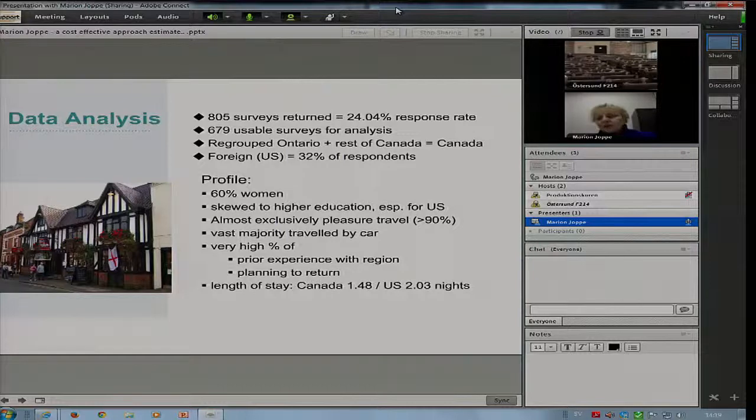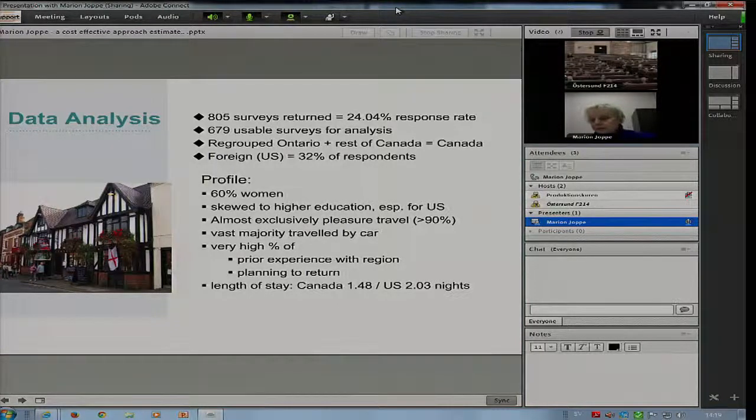About 60% of the people that responded were women. Also not surprising when you consider the cultural aspect of the destination. And it was skewed to higher education, especially in the United States. They had a very, very high percentage of graduates, university graduates as part of their sample.